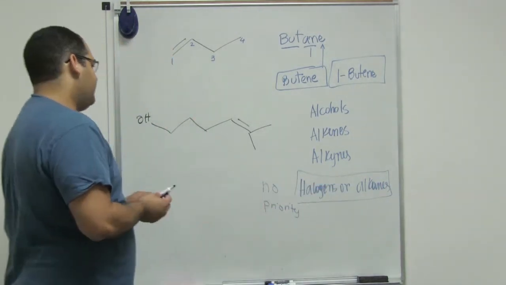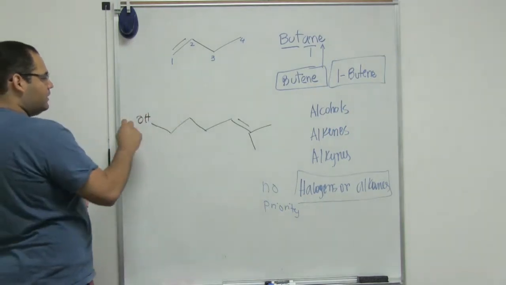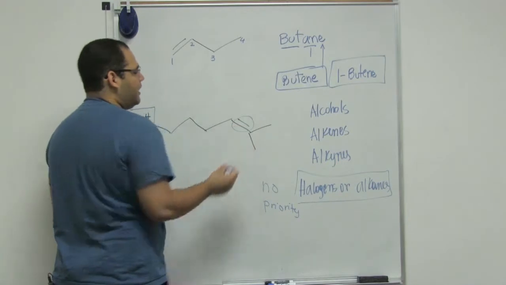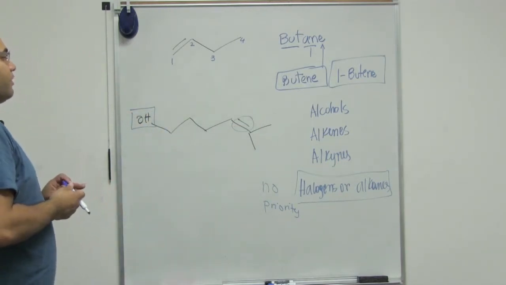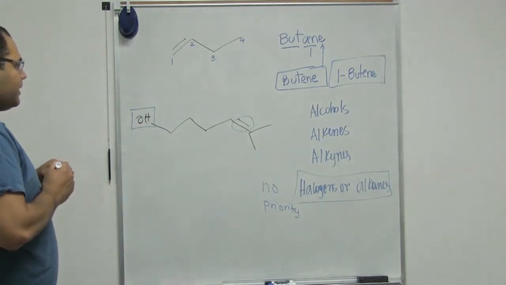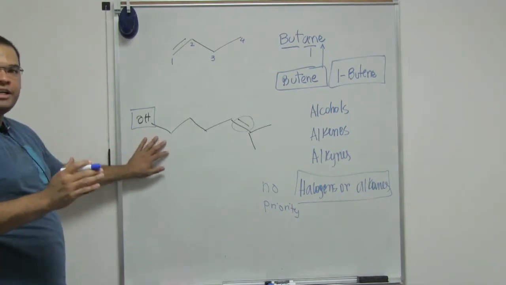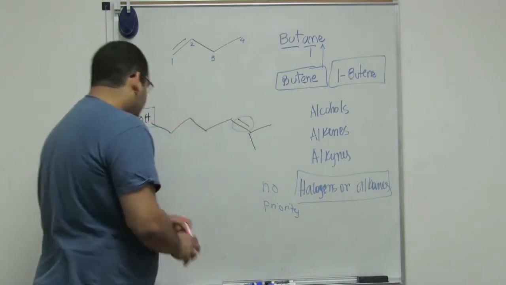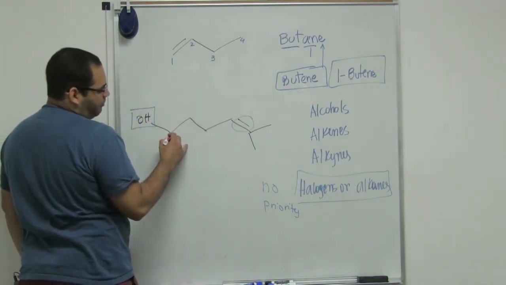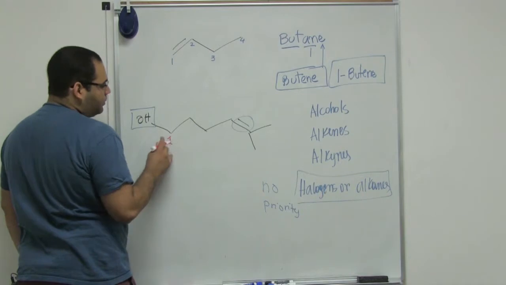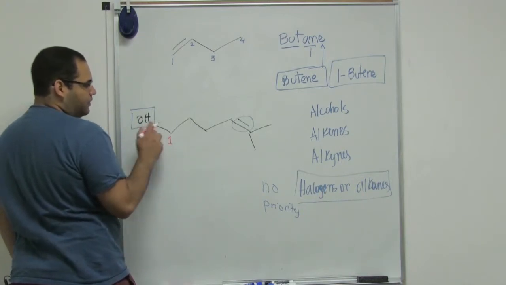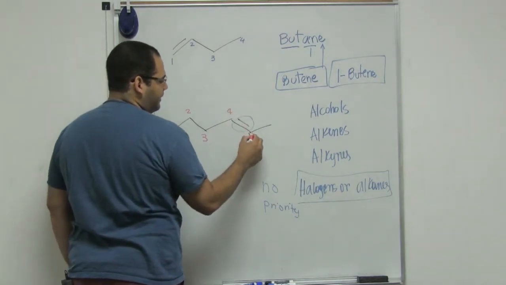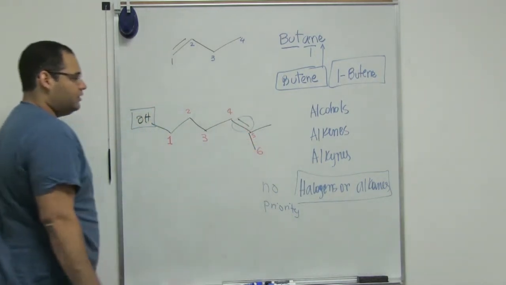not have any priority. So in this particular example here, I have an alcohol and I also have an alkene. Therefore, I need to start naming it using this guy as my priority number 1. This would be my priority number 2. So I start numbering from here because it's the number closest to my OH, to my alcohol. 2, 3, 4, 5, 6, right?